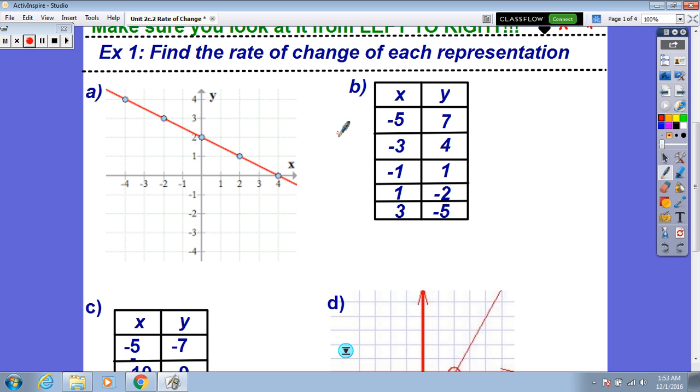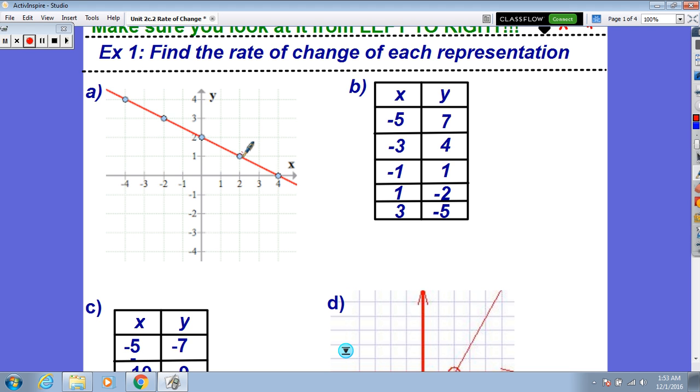Alright, so over here we need to find the slope of this line, and we know that we get to pick 2 points, so I'm going to choose this point and this point. So for graphs, we use the formula rise over run. So I just need to figure out how many spaces I have to go up or down, and how many spaces I have to move side to side.